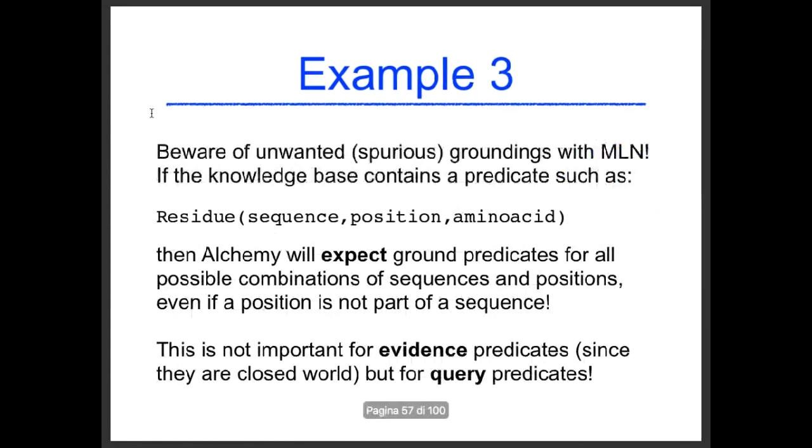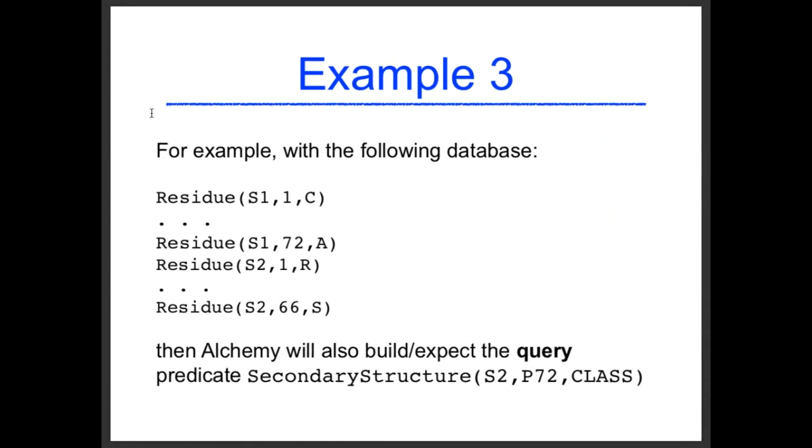So basically what I mean is that Alchemy sees S1, S2, and so on, as possible sequences. It observes P1, P2, and so on, up to the maximum length sequence, maybe it's 120, I don't know, as possible positions.